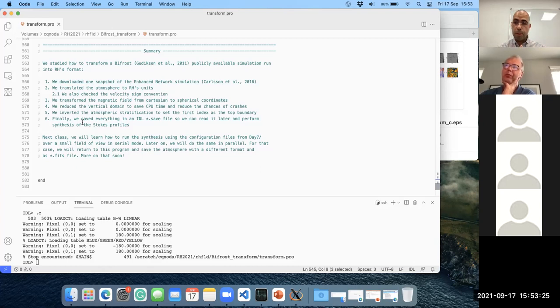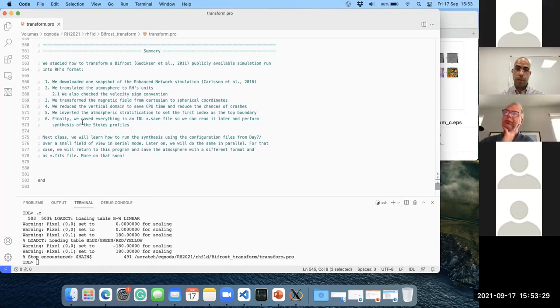And then what remains to do in the next class is... okay, just 1 second, Harsh. What we're going to do is take the configuration from day 7. Remember that this was the last class where we finished configuring the non-LTE part for the Carlsson line, with a specific Q-core and Q-wing and wavelength point definition.